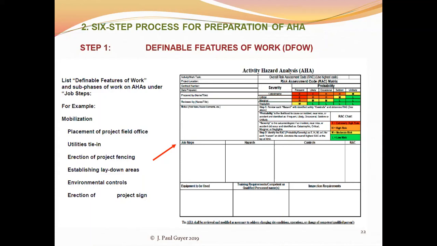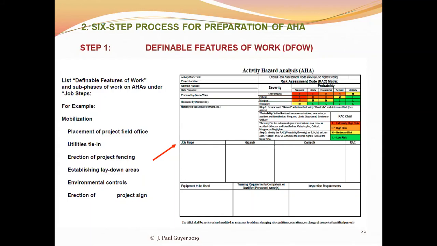But it's also conceivable that a definable feature of work clearly has a number of different tasks that need to be accomplished, and therefore in the upper left-hand corner would be the work task that you have identified, which is necessary to complete the construction of the definable feature of work. This is a judgment call on how you use this kind of a form.